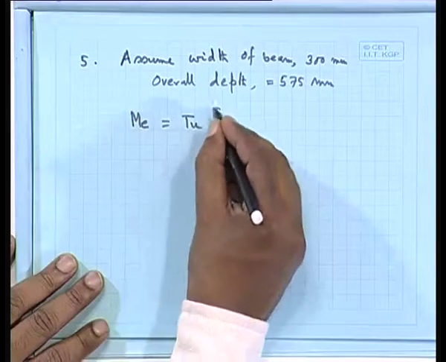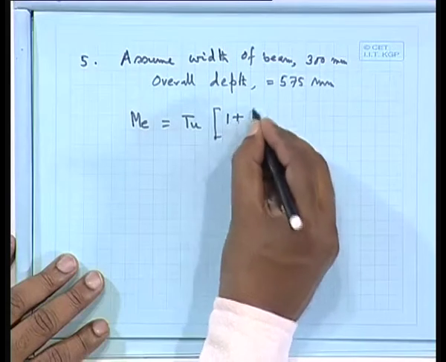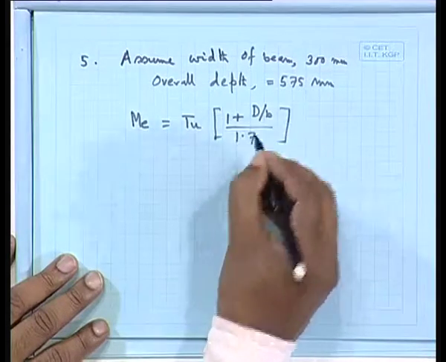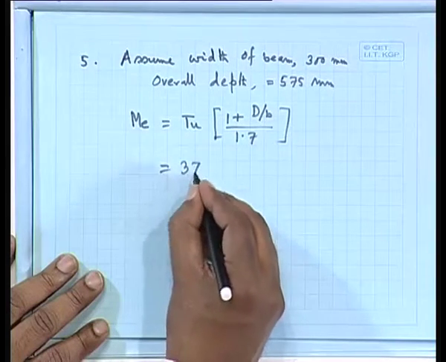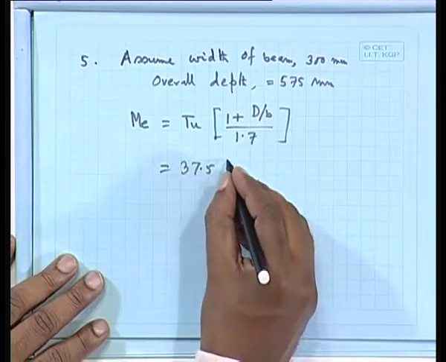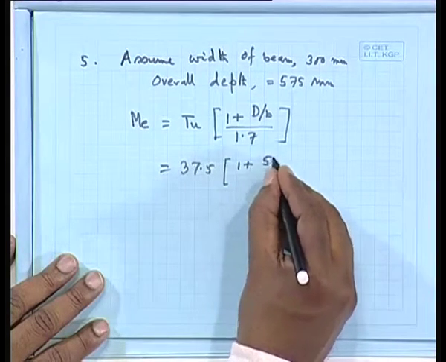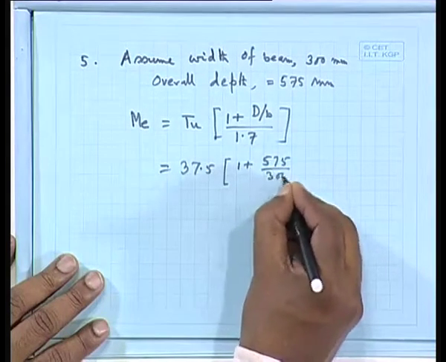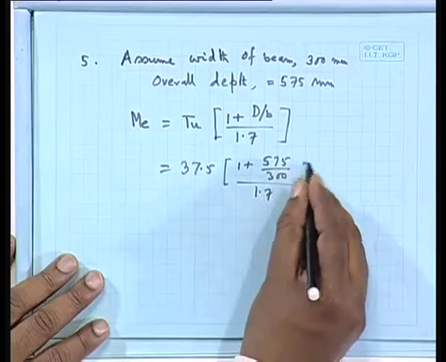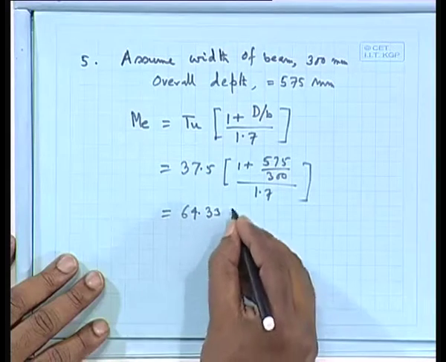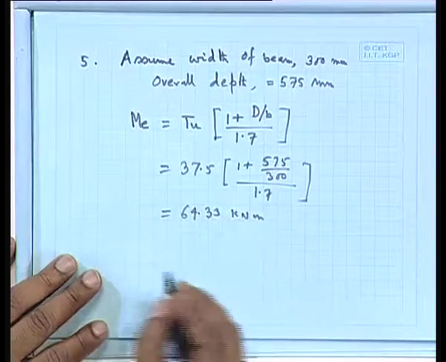So TU, 1 plus D by B by 1.7 equal to 37.5, 1 plus 575 by 300 divided by 1.7 equal to 64.33 kilonewton meter.